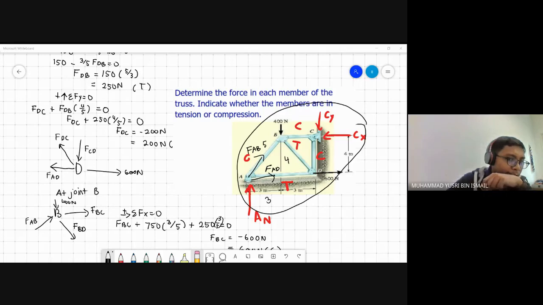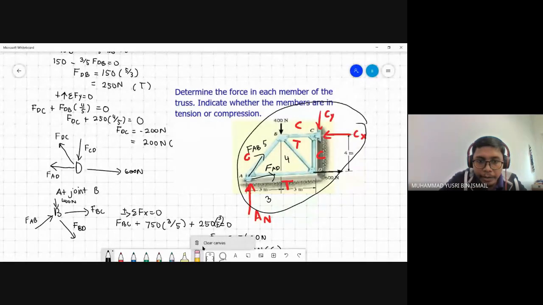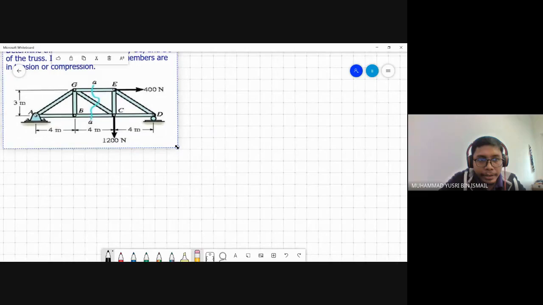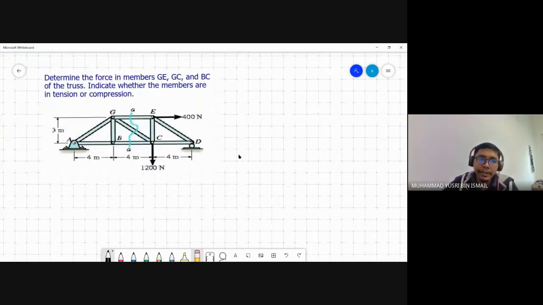Basically, for method of section, instead of calculating the trusses part by part, you can use method of section directly in order to determine the forces at the trusses that you need to calculate.